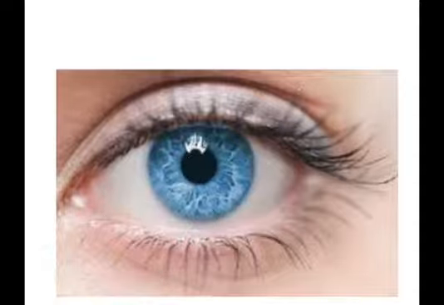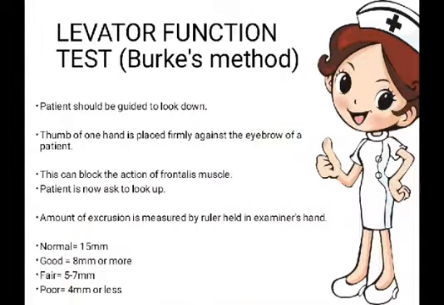Now let's move to the next one, the levator function test. It is also known as Berke's test. We follow a procedure for this test. We should guide the patient to look down. A thumb of one hand is placed firmly against the eyebrow of the patient.